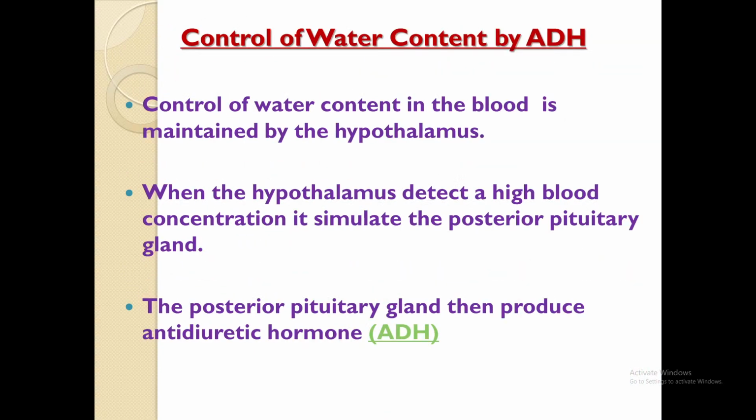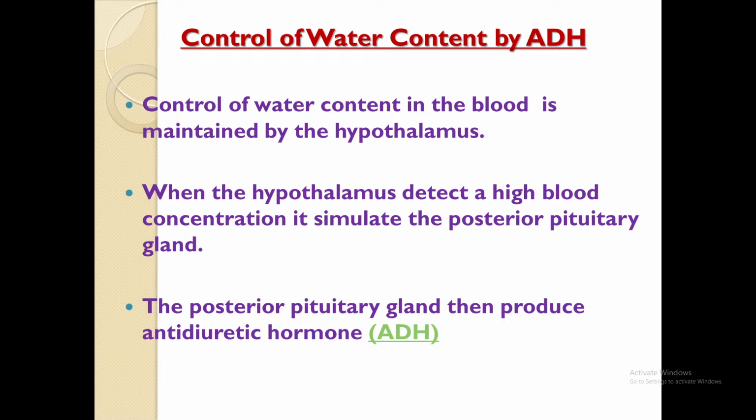So again, in terms of the sequence of events that take place once you're not drinking enough water and the kidneys need to reabsorb, first, the hypothalamus, which is a part of your brain, is the body part that will detect and realize that the amount of water in the blood is low, so the blood is highly concentrated.